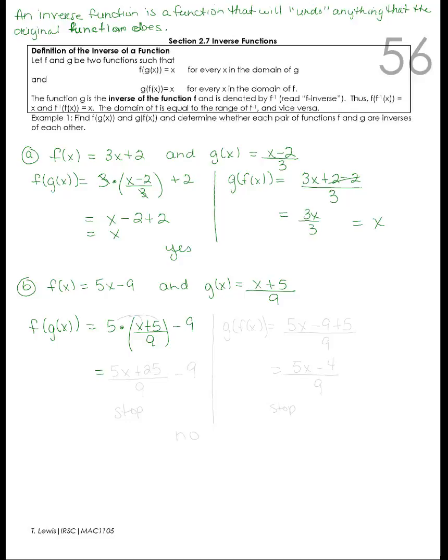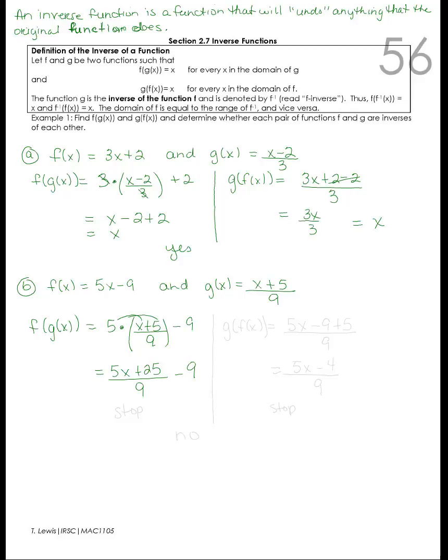Well, we can make this 5 into a fraction by placing a 1 under it. Okay? And you know how to multiply fractions, numerator to numerator, denominator to denominator. So we take this 5 and distribute it to the numerator. So you're saying here 5x plus 25 all over 9, minus 9.